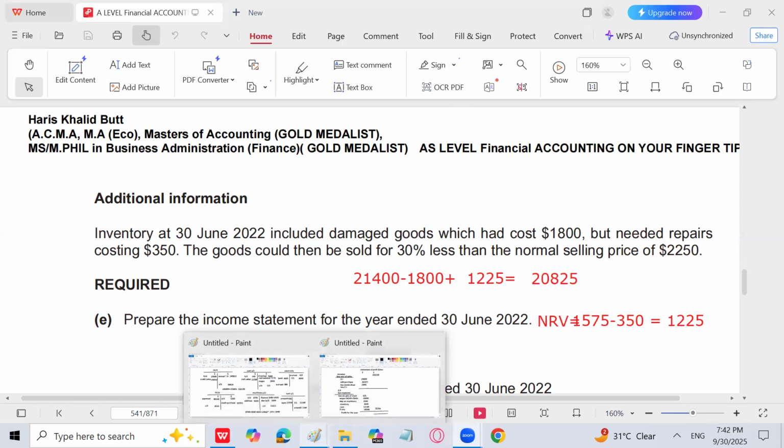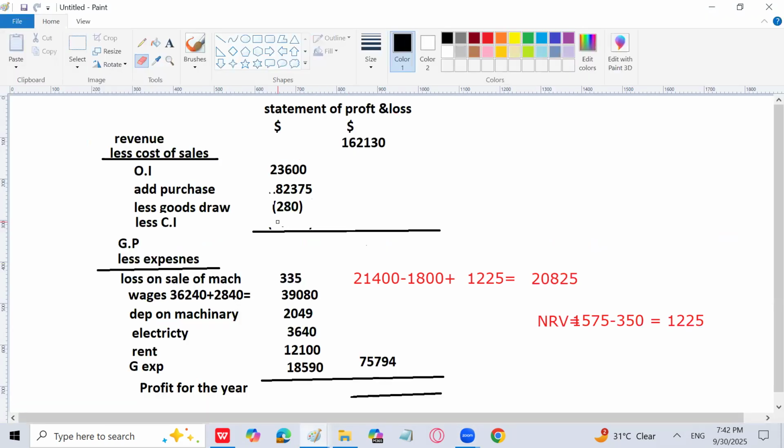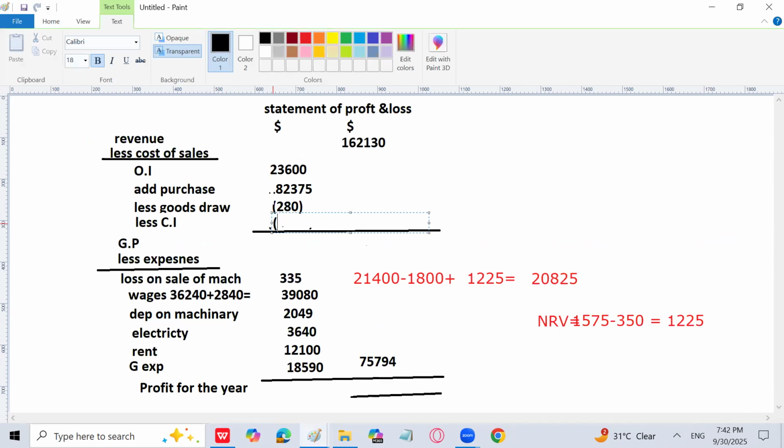So now let me write here 20825. Although we started it wrong, it is good. So you will remember now forever that the inventory point was actually given on the next page. That's why I didn't see it. So what is the cost of sales? 84870.